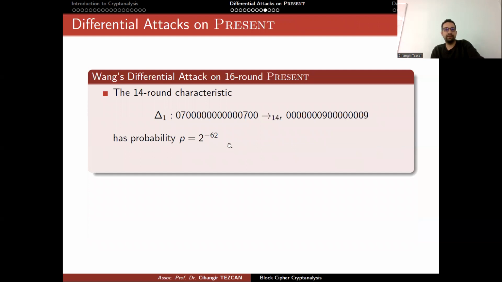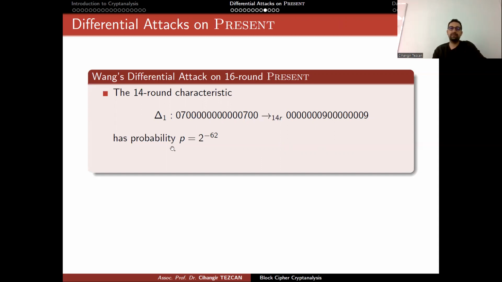So in Wang's paper, they attack 16-round PRESENT, and a 14-round characteristic is given like this. So this input difference, a 64-bit input difference, only these bits are affected. After 14 rounds, the output difference will be this. They check the S-box DDT and observe this.